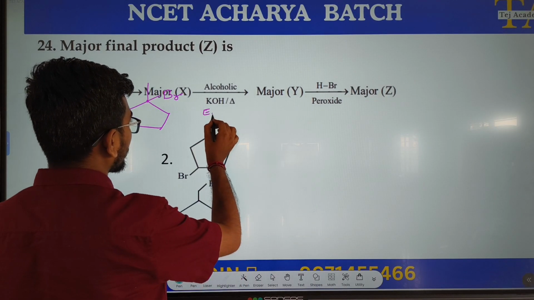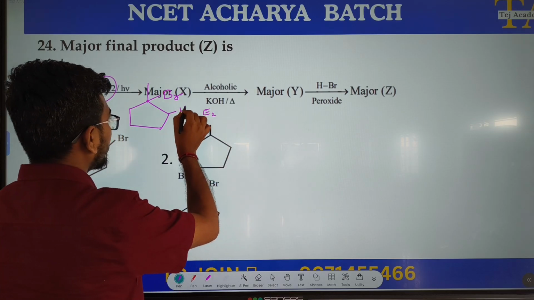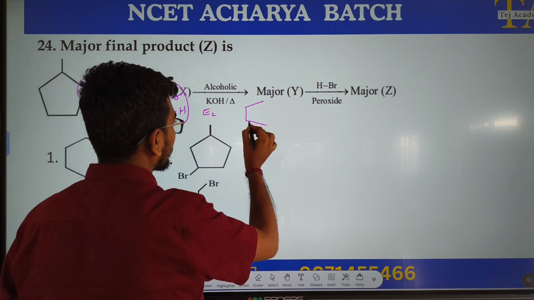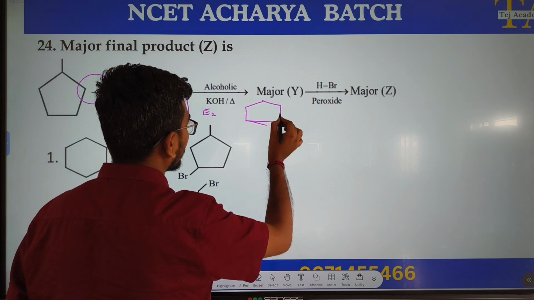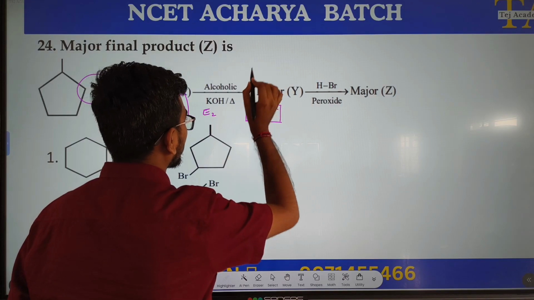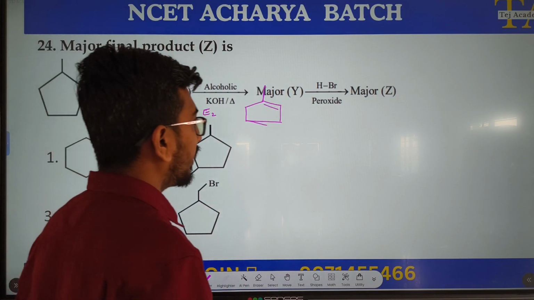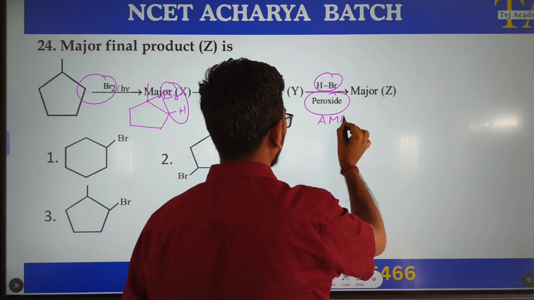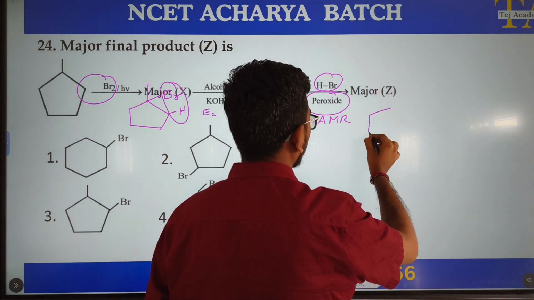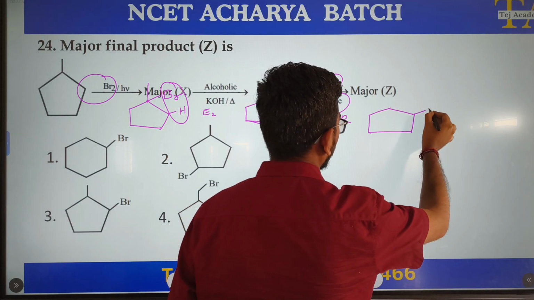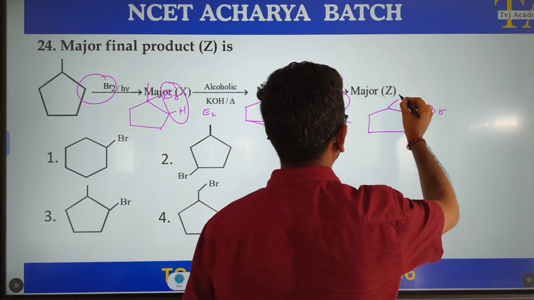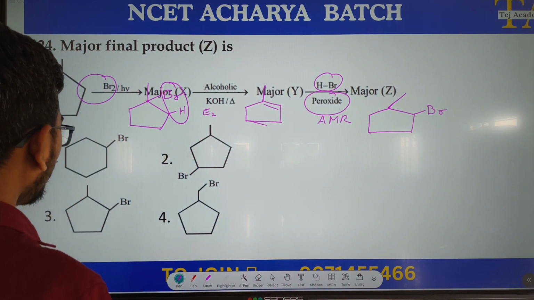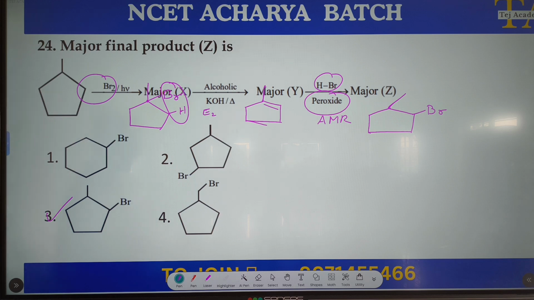The hydrogen which is present here, along with bromine, will get eliminated. So here we are observing double bond formation along with the methyl group. Now for this Y, along with HBr and peroxide, we know that the anti-Markovnikov rule will apply. Then we get addition of bromine and addition of hydrogen. So which is the correct option now? The third option is the right answer.